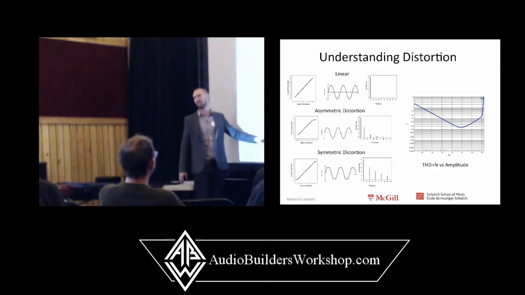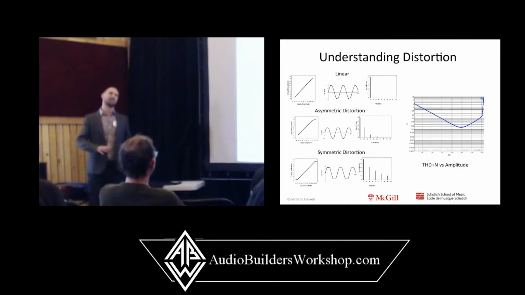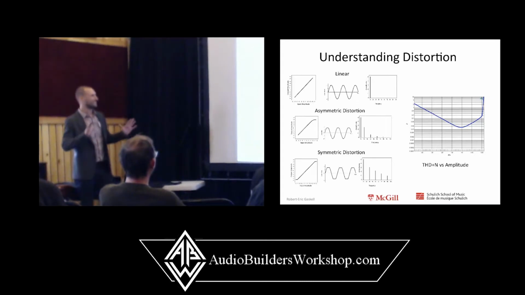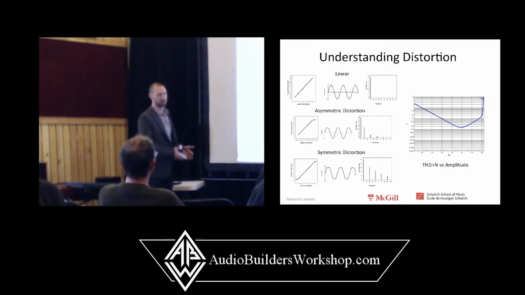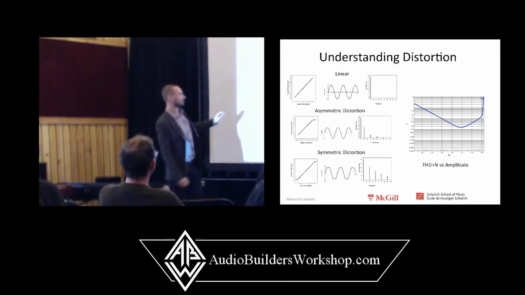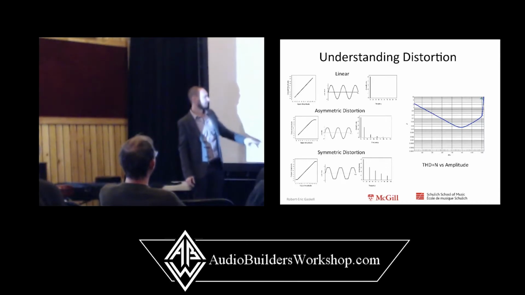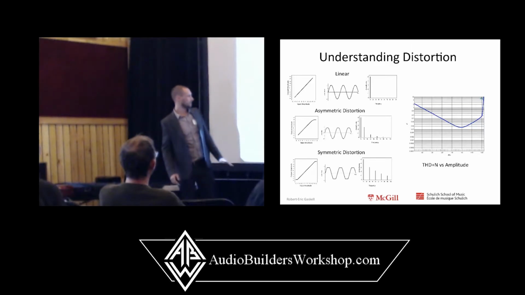I'll just take a moment to dispel any assumptions that this is inherently a tube characteristic and this is inherently a transistor characteristic. That has nothing to do with it at all. Absolutely. Even order harmonic distortion can be created by transistors. Odd order harmonic distortion can be created by tubes. It depends on the circuit topology and the biasing.